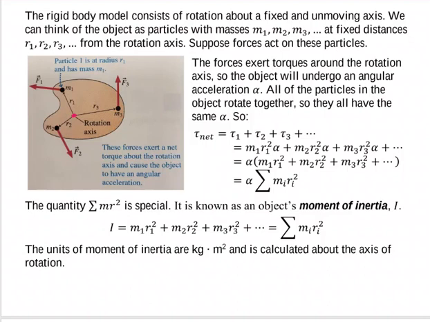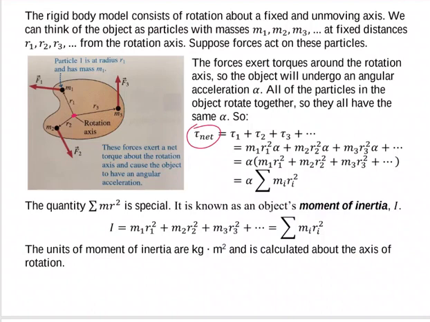So all of the particles in the object rotate together, so they all have the same alpha. Because they're rotating together, they must all have the same angular acceleration and the same angular velocity. So torque net equals the sum of the torques: torque 1 plus torque 2 plus torque 3.